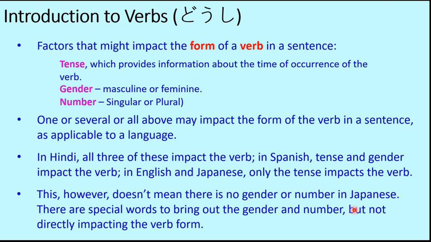This, however, doesn't mean there is no gender or number in Japanese. There are special words to bring out the gender and number, but not directly impacting the verb form. So from the context or some other criteria, we get the information about the gender and the number, but not from the verb, unlike languages like Hindi and Spanish.